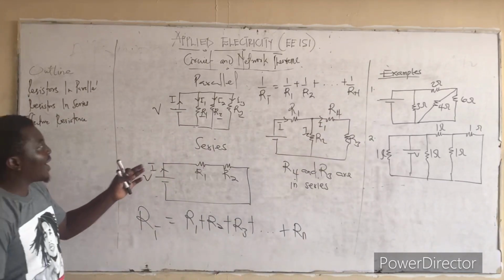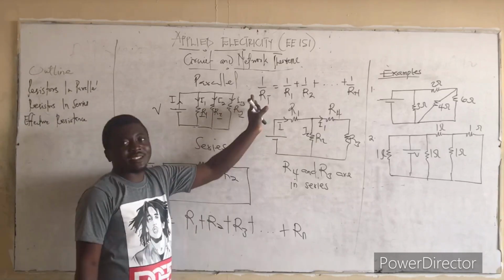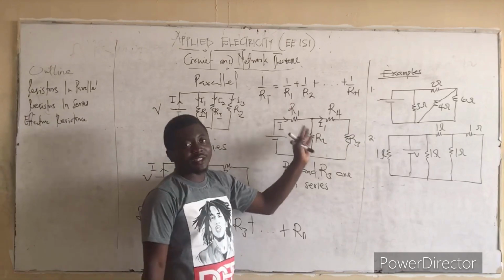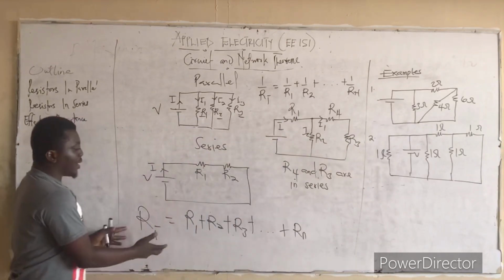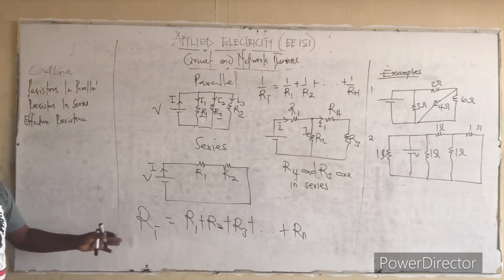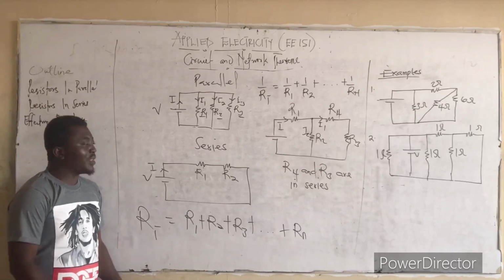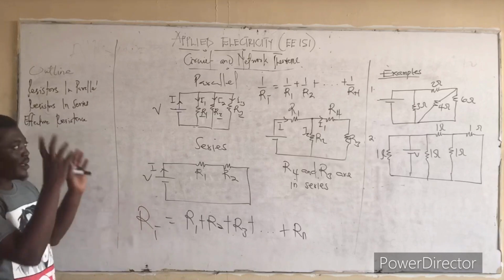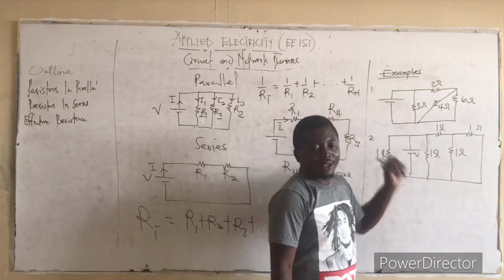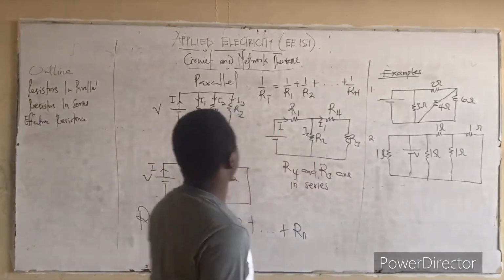So this is how to find the total resistance if more than 2 resistors are in parallel. And this is how to find the total resistance when n number of resistors are in series. So now that we have these formulas, we will try by solving this example. Let's solve these two examples.